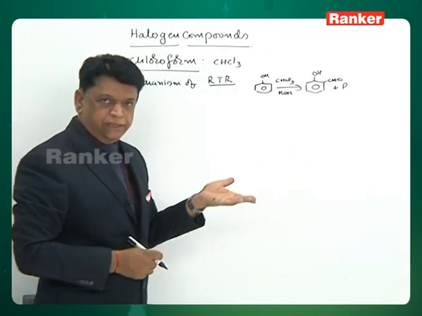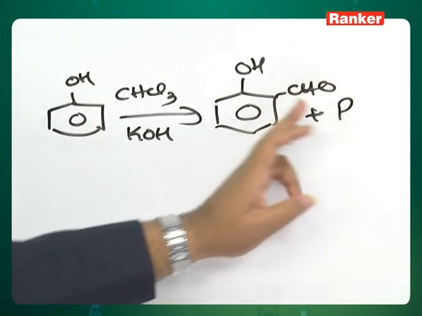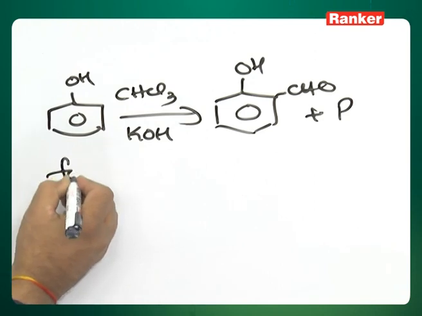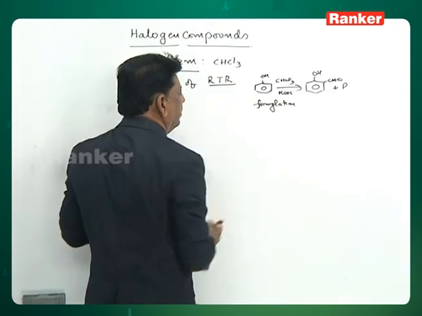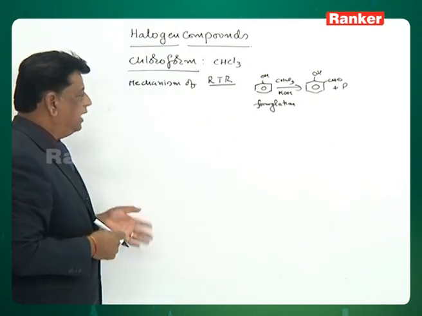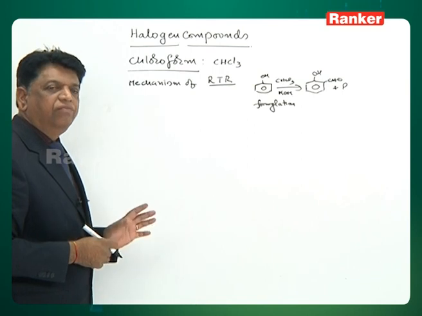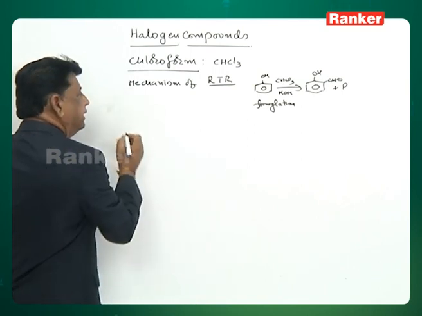Just like chlorine coming in is called chlorination, this is formyl coming in, so I call this reaction a formylation, specifically phenol formylation. So the Reimer-Tiemann reaction is nothing but a phenol formylation. How does this formylation take place? Let us see the mechanism.